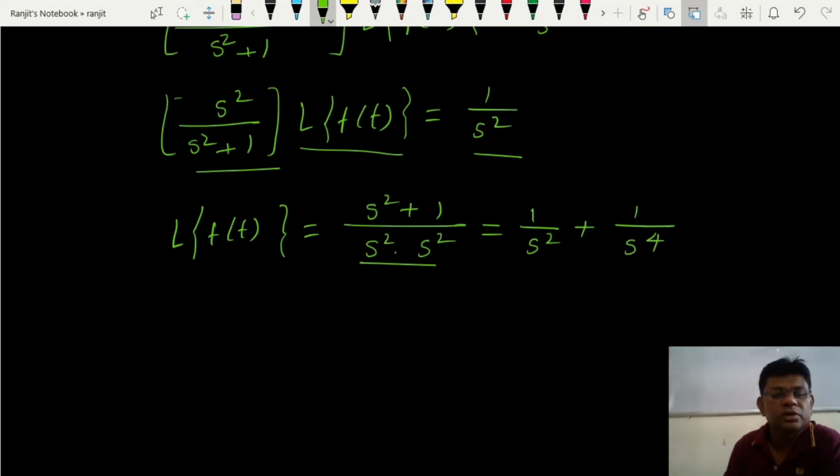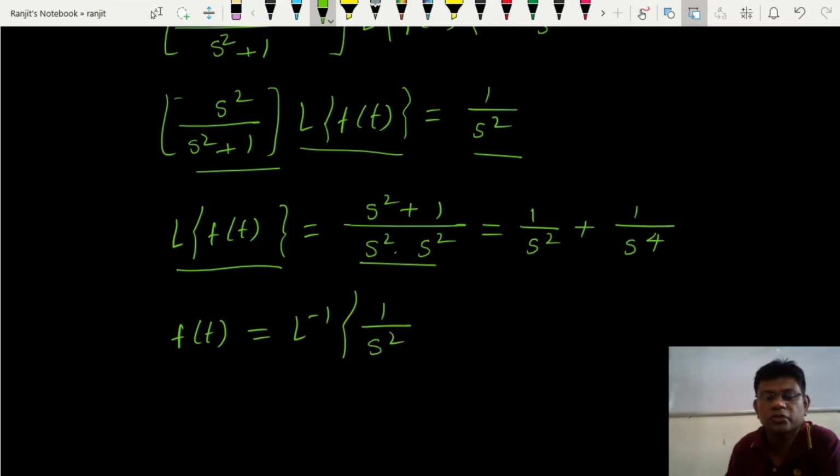Now applying inverse Laplace transform. Therefore, f of t is equal to inverse Laplace transform of 1 upon s square plus inverse Laplace transform of 1 upon s to the power 4.